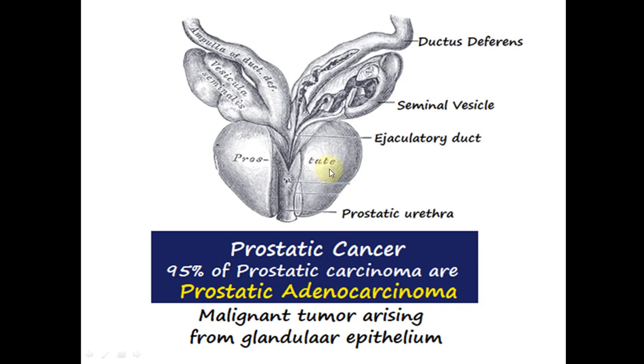Moreover, the prostate secretes nutrients that nourish the spermatozoa, and the prostate also secretes the prostate specific antigen, which is a protease enzyme that will dissolve the clotted semen so that the spermatozoa can freely move in it.